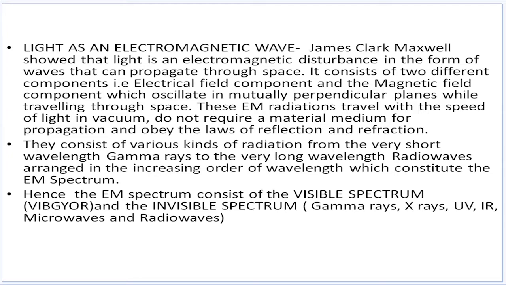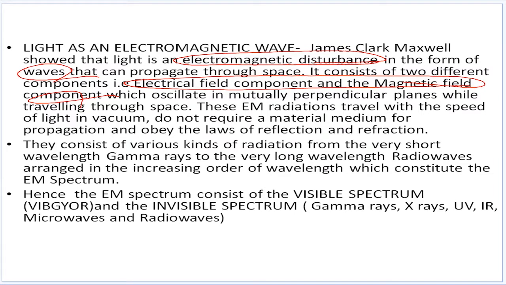James Clerk Maxwell showed that light is an electromagnetic disturbance in the form of waves, propagating through space, and it consists of two components, an electric field and a magnetic field, which travel in space in mutually perpendicular planes. Therefore, it is called an electromagnetic wave, or simply an EM wave.